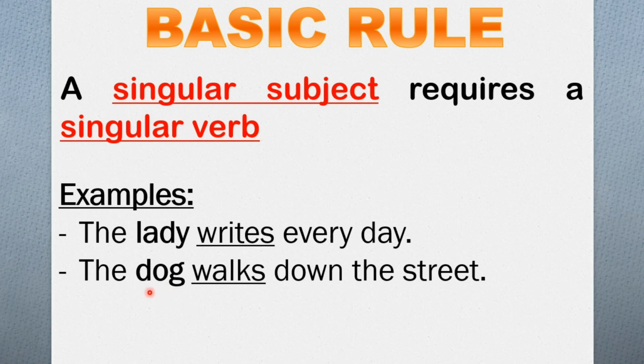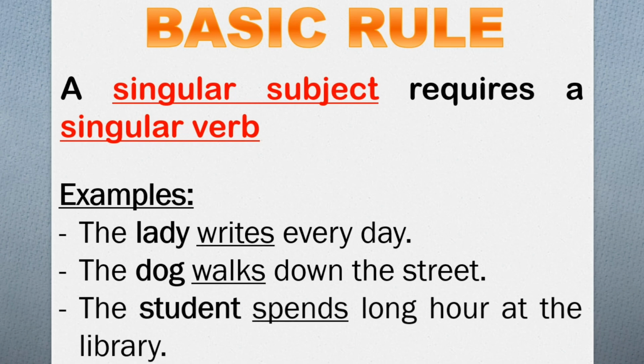Another example is, the dog walks down the street. The word dog here is your singular subject because dog here is just one and it doesn't end with s. While walks here is your singular verb because it ends with s. We have the stem walk plus s, so singular. So singular subject and singular verb.